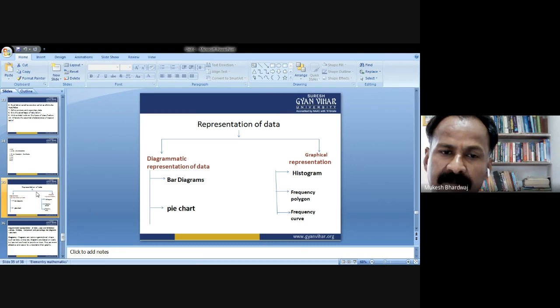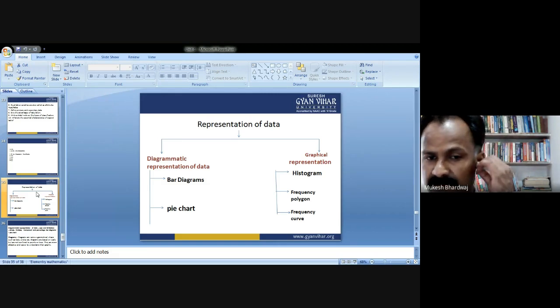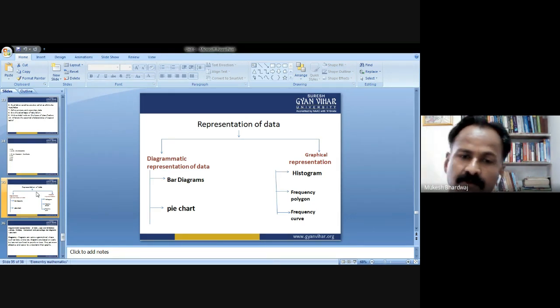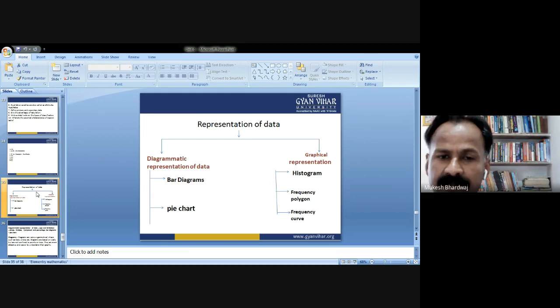One is diagrammatic representation of data and the second is graphical representation. The subcategory of diagrammatic representation is bar diagrams, which have four further subcategories. The second is the pie chart, a circular chart in which you represent your data in the form of a circle.